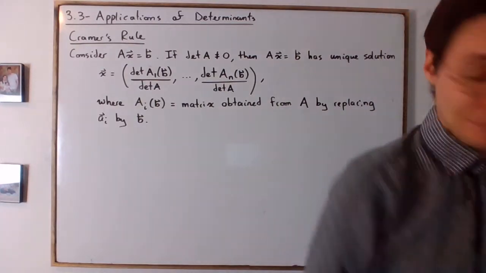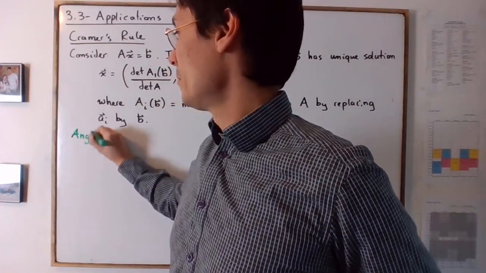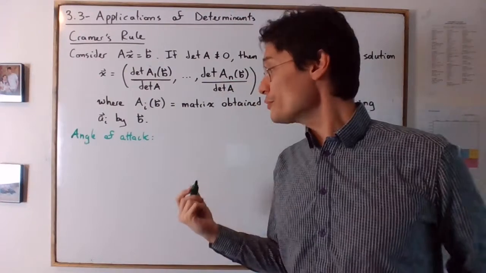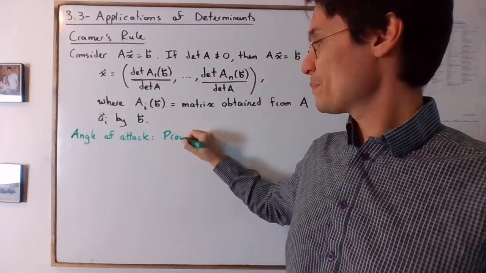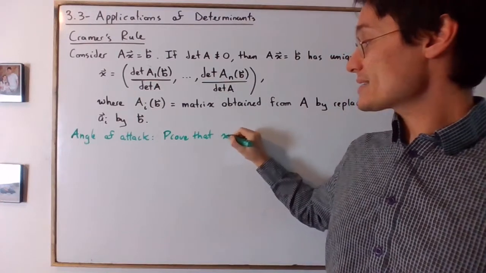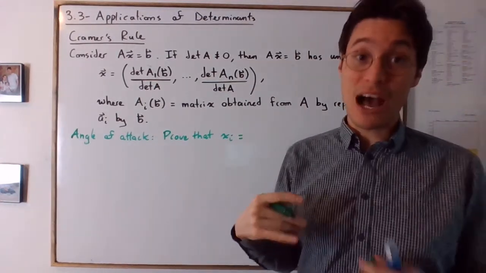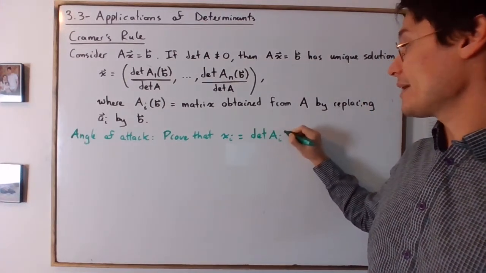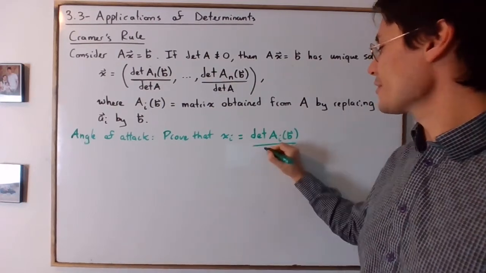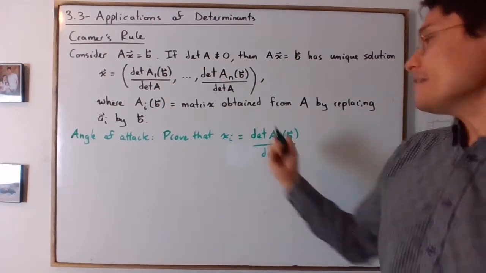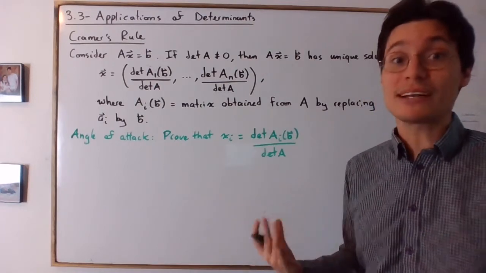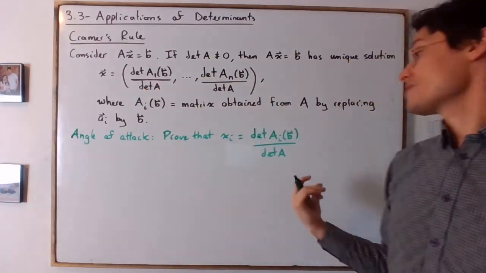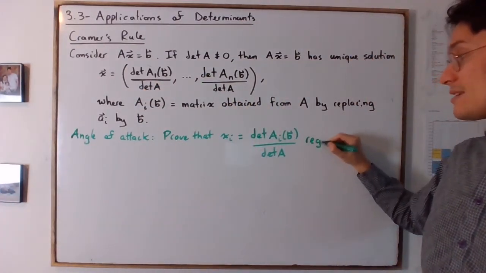We want to prove that xi, the ith component of x, is equal to det AiB over det A. If we are able to prove this regardless of i, then it will be true for all the components of x, so we will be done.